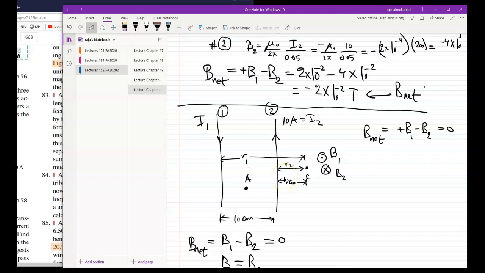Okay. Now the magnetic field B1 due to I1 using the right-hand rule, what's the direction of it? It's going to be out of the page. What about the direction of the magnetic field due to current I2? It will also be out of the page. I hope you agree with me on that.